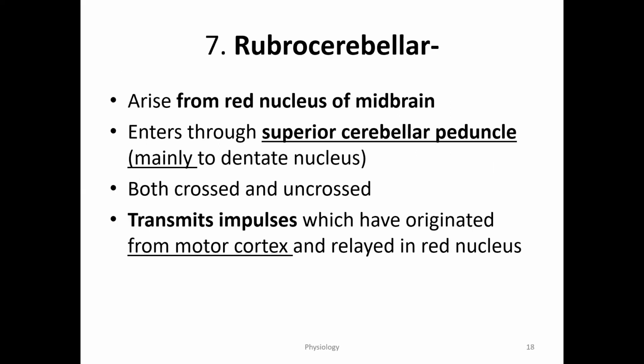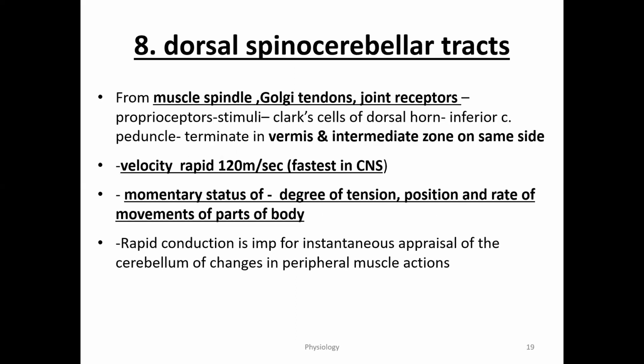Red nucleus of the midbrain, via the superior cerebellar peduncle, transmits impulses which originated from the motor cortex and are relayed in the red nucleus. So the impulses which arise in the red nucleus from the motor cortex enter into the cerebellum.